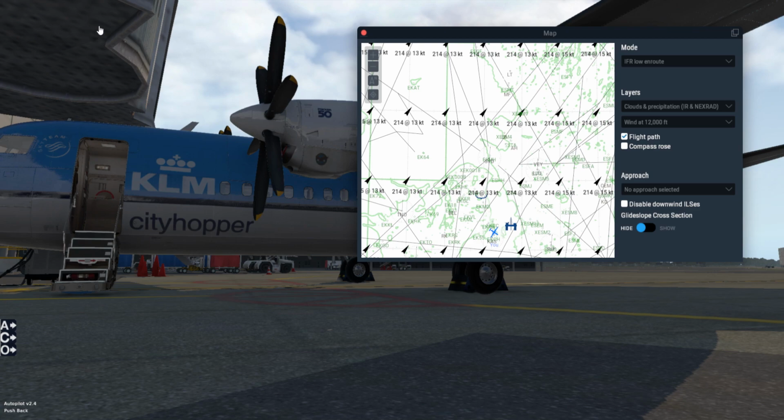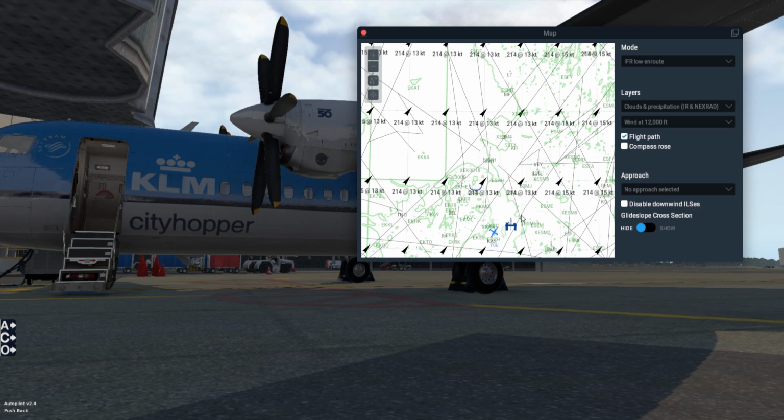In SkyVector, you can go in and say where we're going to fly, from Copenhagen to Aalborg Airport. Hit enter. Then we have the map here, just like we had inside of X-Plane, just that here it is the latest data, navaids available.